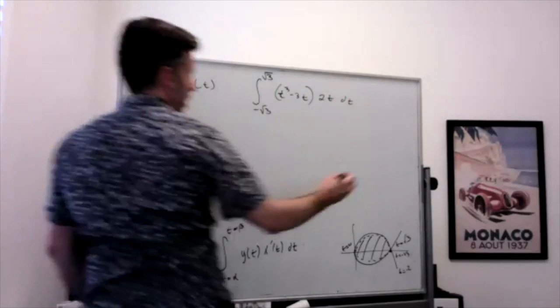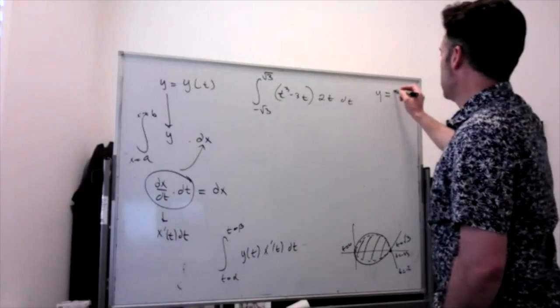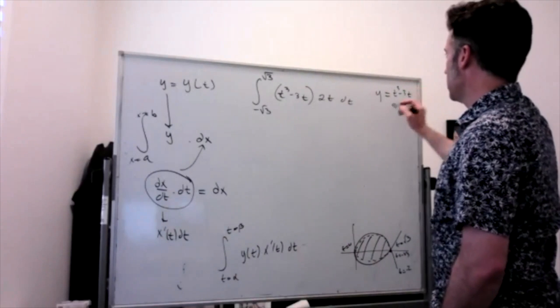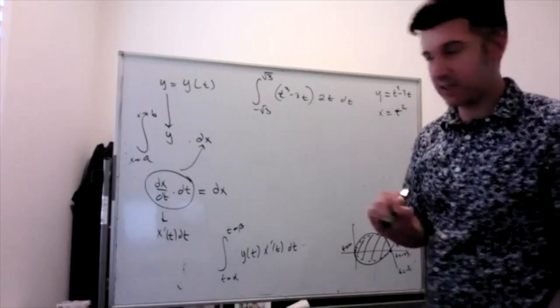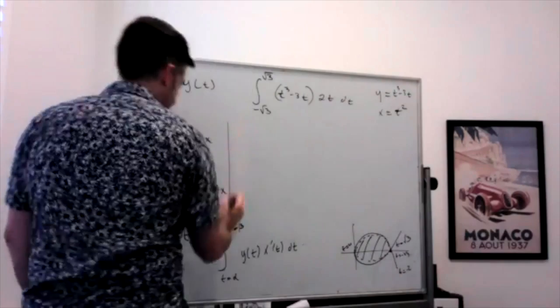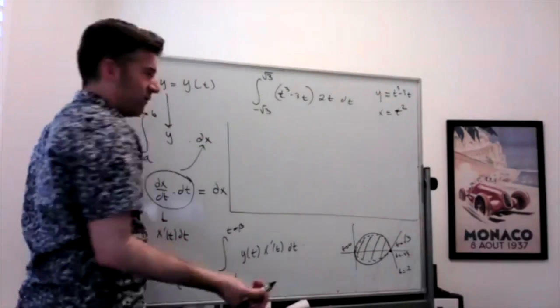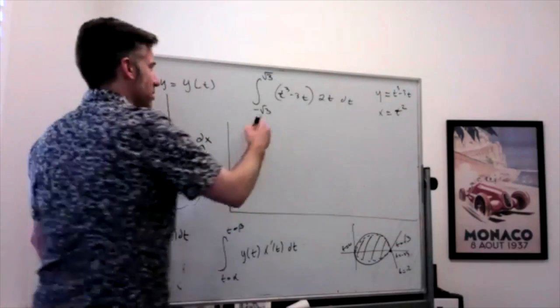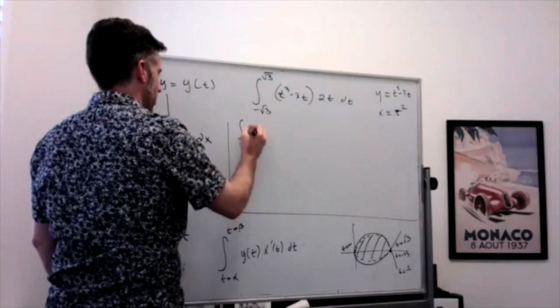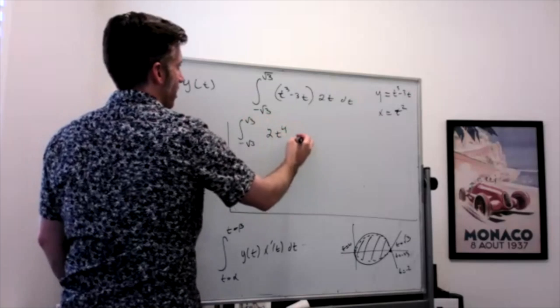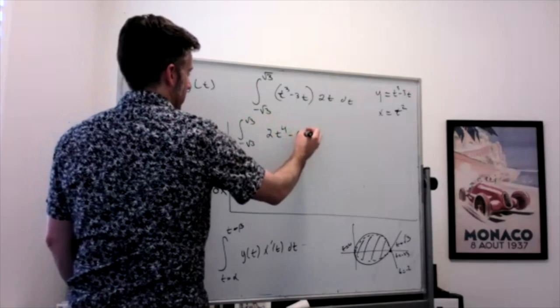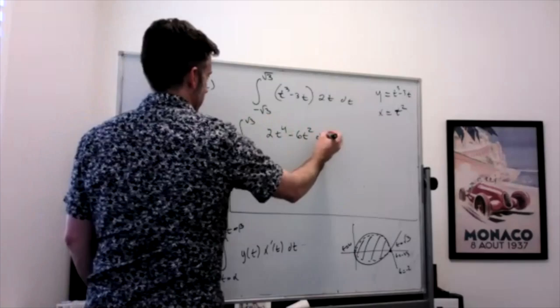Again, y was t cubed minus 3t, x is t squared. So let's see what happens. I'm a little nervous, but we'll find out. I feel like it's going to turn out to be negative. So I'm going to go from -√3 to √3 of 2t to the 4th minus 6t squared dt.